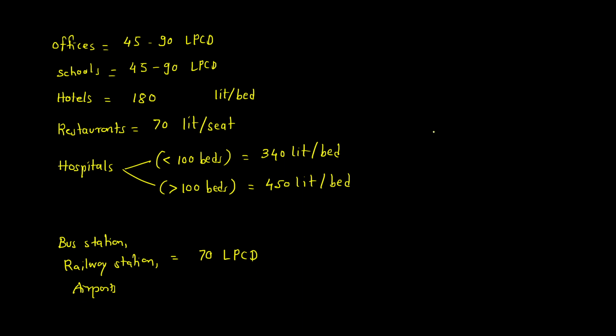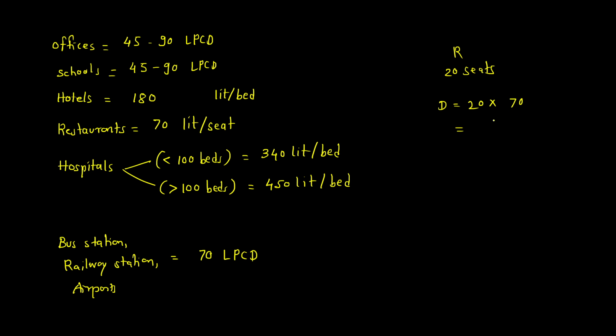In this, if you want to calculate, let's say for a restaurant, there are a total of 20 seats present. So what is the demand? The demand is 20 multiplied by 70.